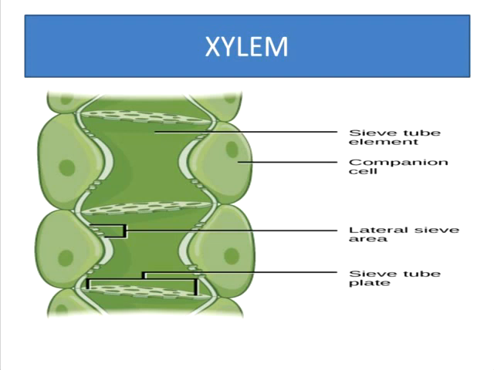Look at the structure of the xylem. Xylem consists of sieve tube elements, companion cells, and the sieve tube plate area. The xylem vessels are tubular structures extending from the roots to the top of the plant. Cells are placed one above the other with their end walls perforated, forming a continuous tube.